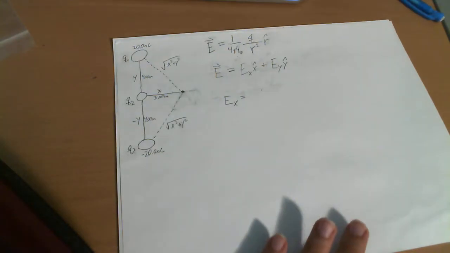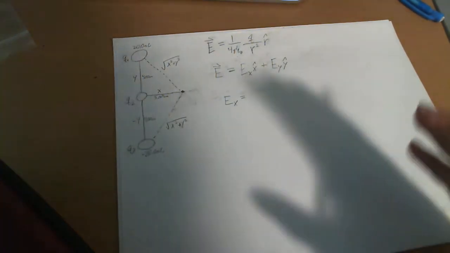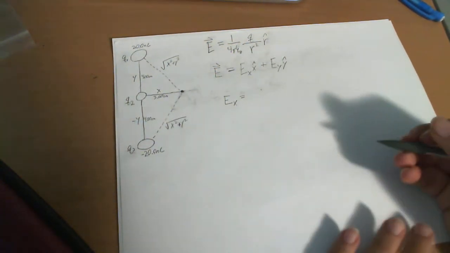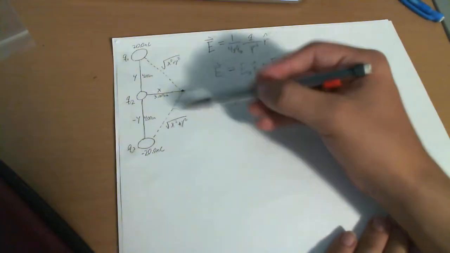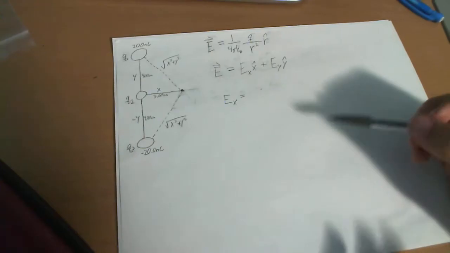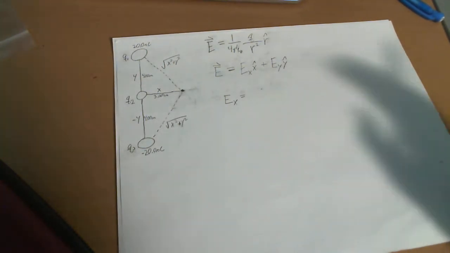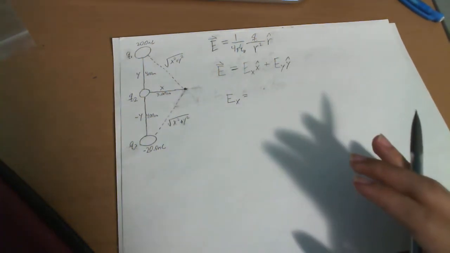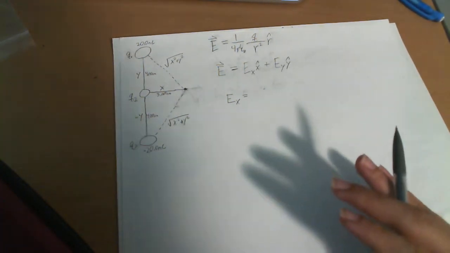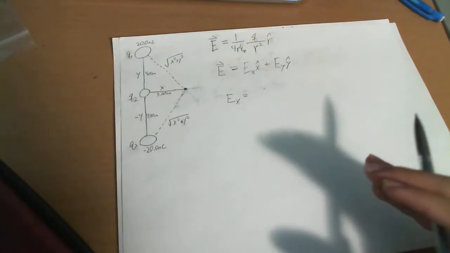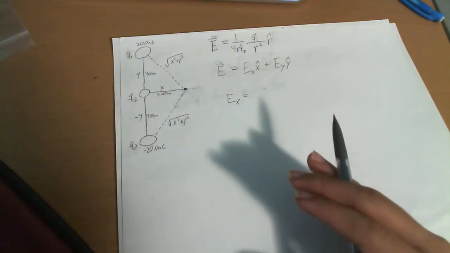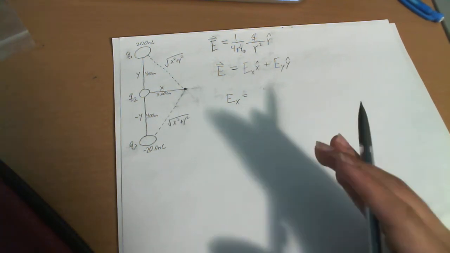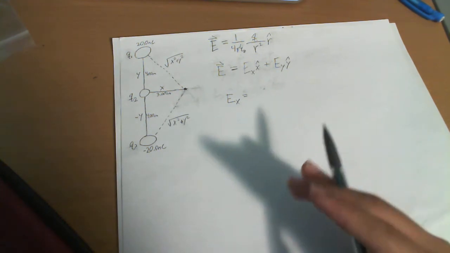Now, there are several ways you could do this. You could go through this problem very algebraically and just use the equations, plugging in the values that you find. But we can also make this process a little bit easier. In many physics problems, you can use the symmetry of the problem, some sort of geometric arrangement that allows you to eliminate certain quantities, and that makes it a little bit easier to solve.